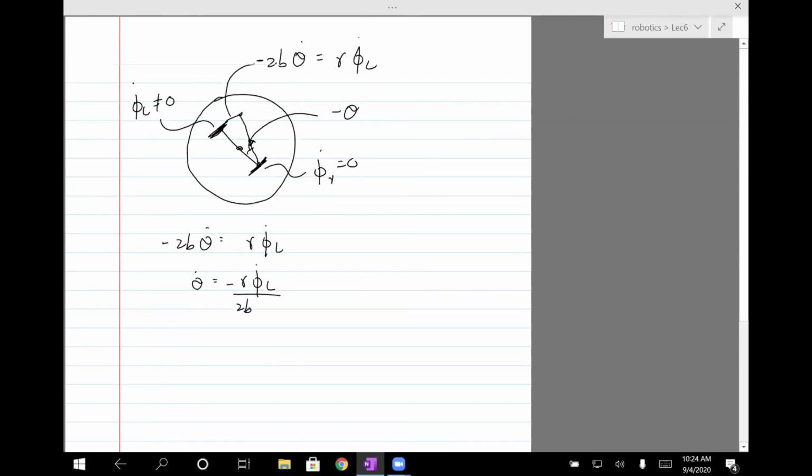So what we can do now is combine the two expressions. One is for the left wheel, one for the right wheel, and the net rotation, if both wheels are moving and not stationary, is going to be theta dot equals r divided by 2b times (phi dot R minus phi dot L).